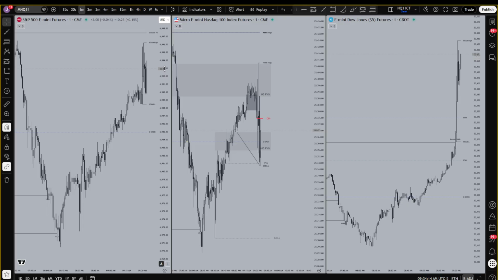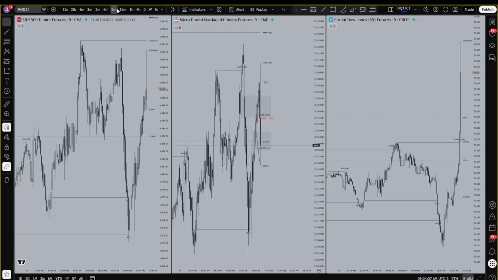I would have to wait for that 15 to flip. We just tapped into the lower 15 as well. Then now we have SMT there. ES is trading above that bearish 15-minute. This just looks really weird right now. There's nothing 100% right now.